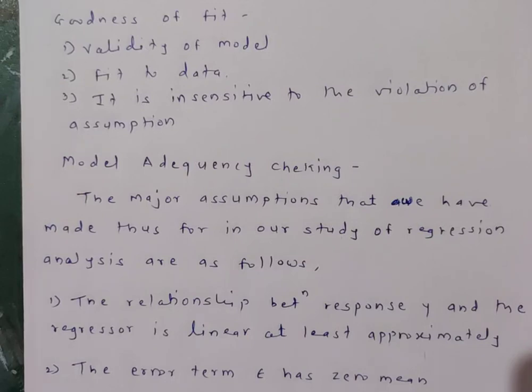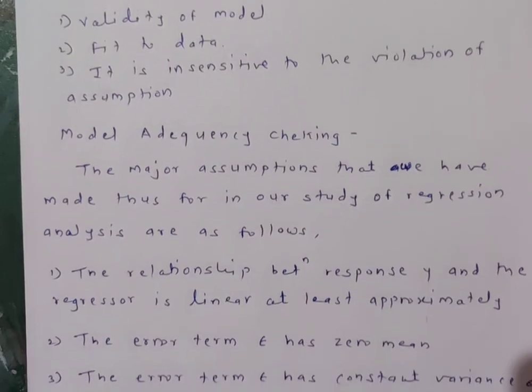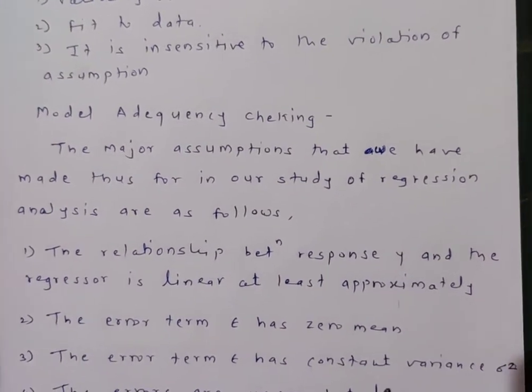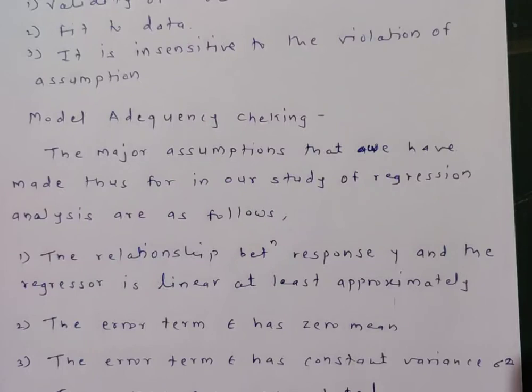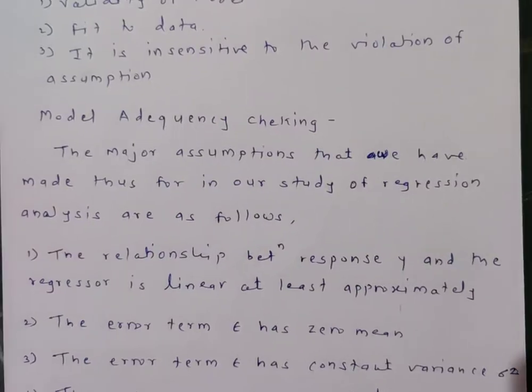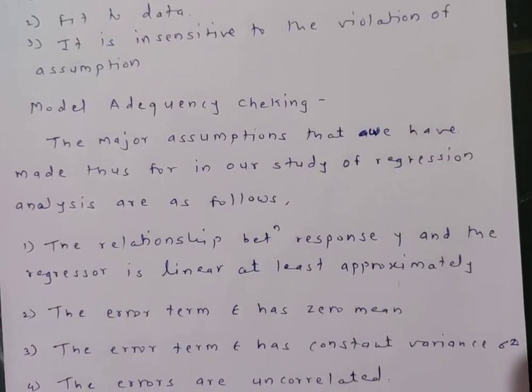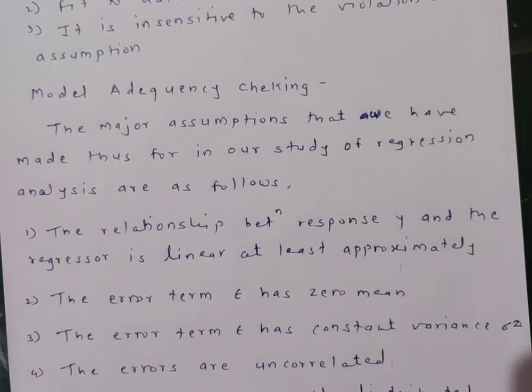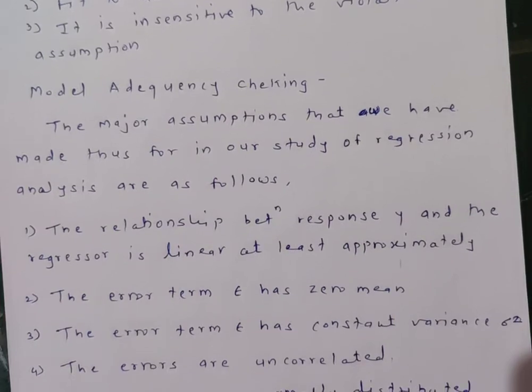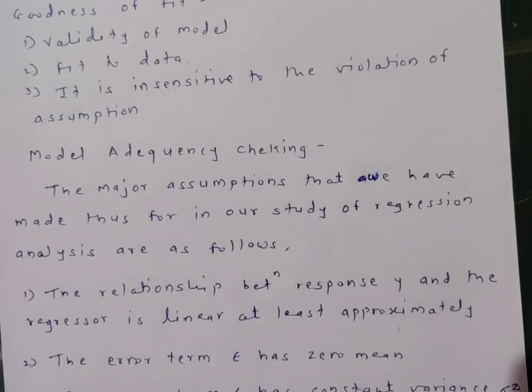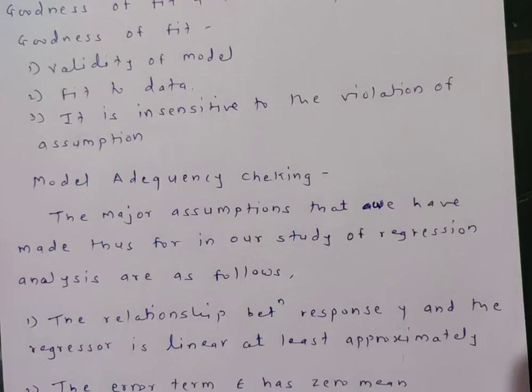The error term epsilon has zero mean as well as constant variance sigma square. The errors are uncorrelated, and lastly, the errors are normally distributed. So that is model adequacy checking. We need to check these points in model adequacy. Thank you.